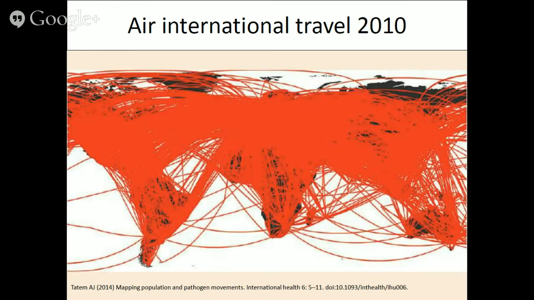But now the situation in the last years has been changing a lot. So you can see that the international travel is very high nowadays, and there are a lot of people and products traveling across countries and across continents.